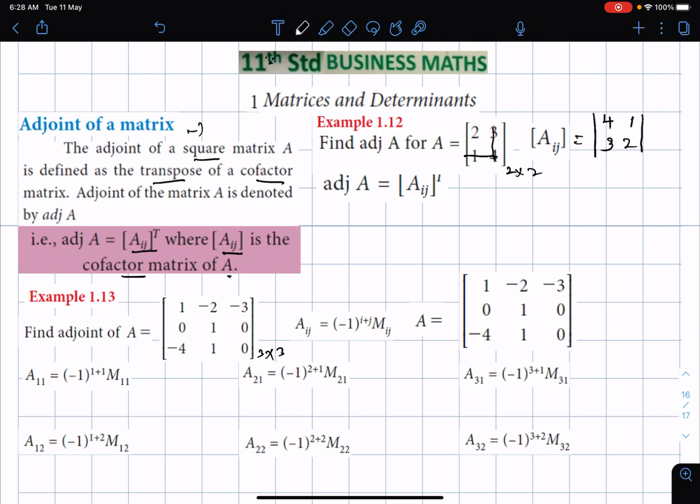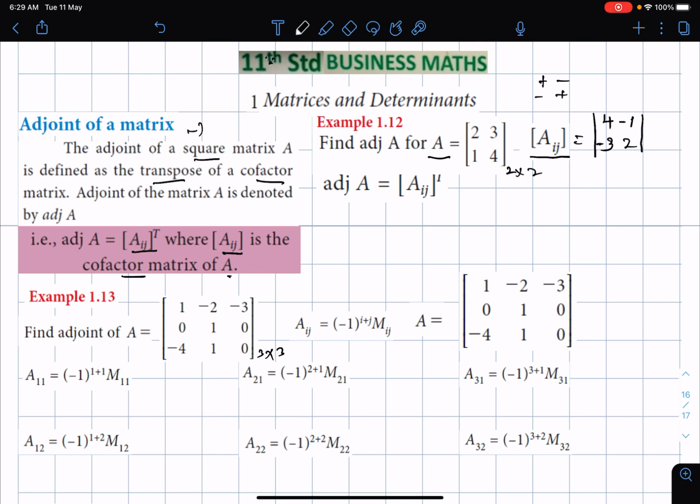Now what is remaining is the sign. For a 2 cross 2 matrix, as I already defined, it is plus, minus, minus, plus.